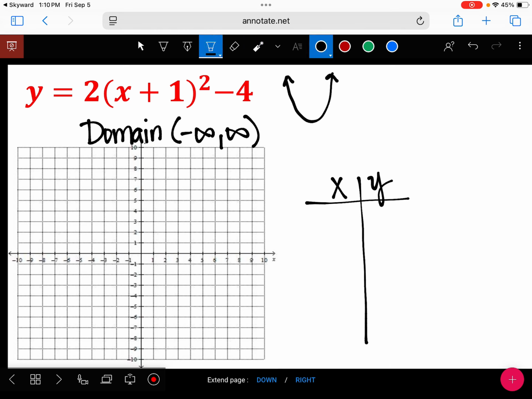So this is H and this is K. And what we know about H and K is that's the middle. We always flip this sign. So this is positive 1. It's going to become a negative 1. So negative 1, negative 4, we're going to call that our vertex, which is the middle of the graph.